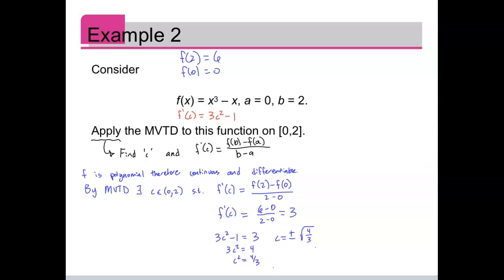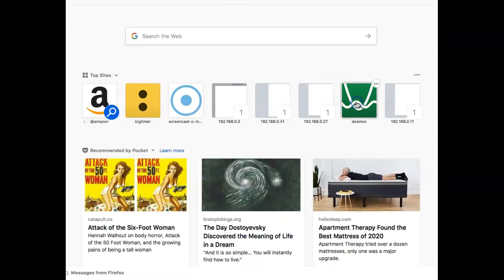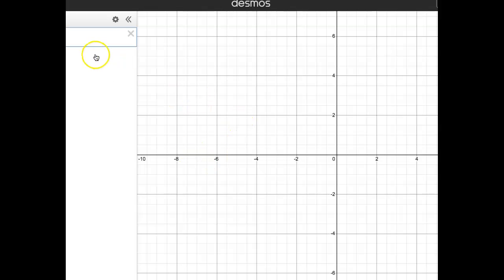Let's just look at this curve on that interval. All right, so I have f of x equals x to the third minus x.